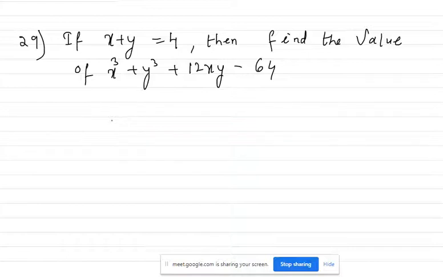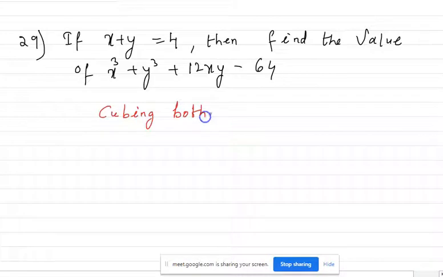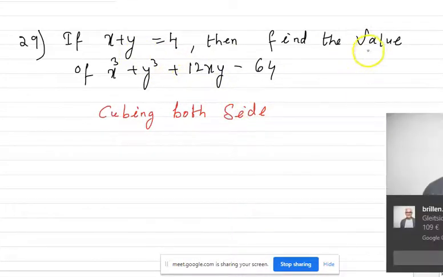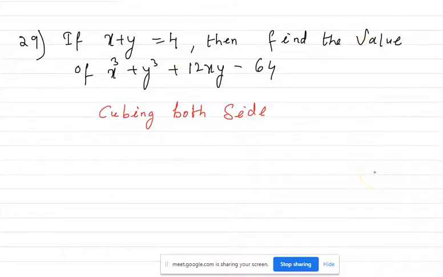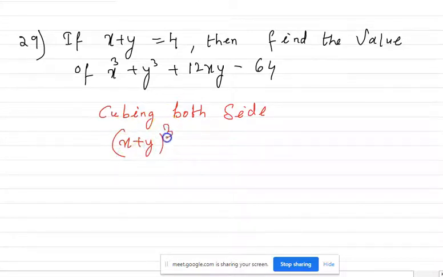Now I write here, cubing both sides, because we are finding the value of x cube plus y cube plus 12xy minus 64, okay. So cubing both sides we will do. We can write here x plus y whole cube is equal to 4 cube.